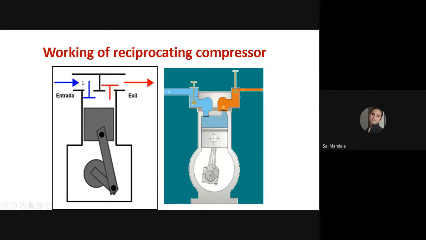There are two valves at the head of the cylinder. One is the inlet valve and one is the exhaust valve, also known as the suction valve and delivery valve. This is the suction valve and this is the delivery valve.